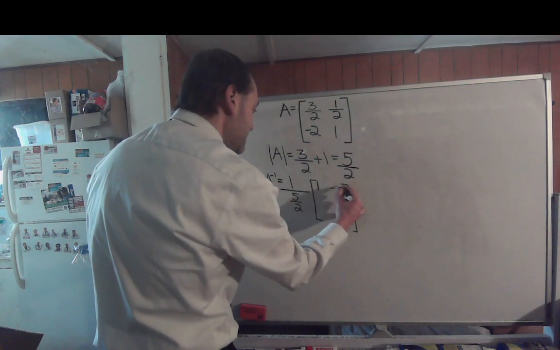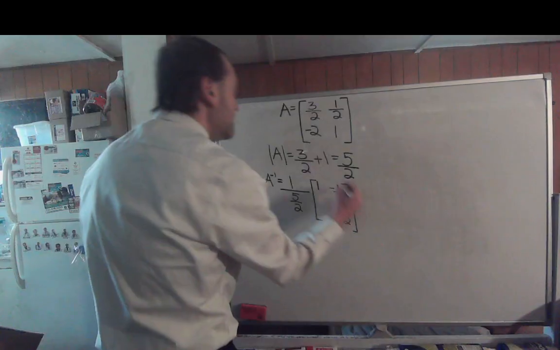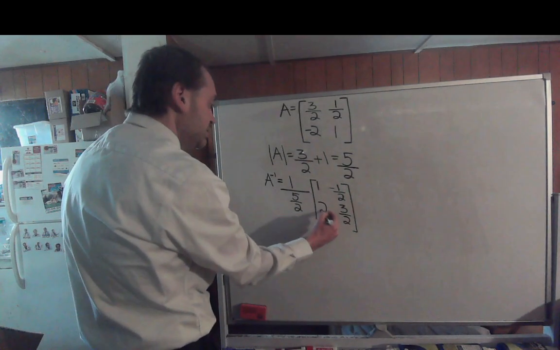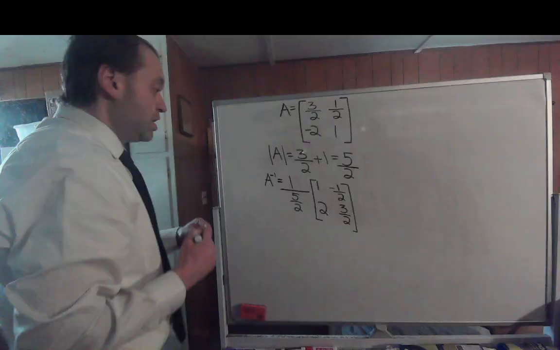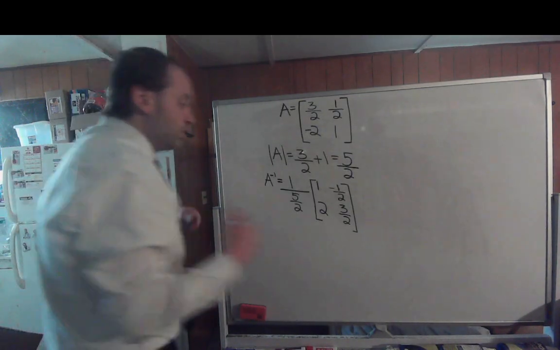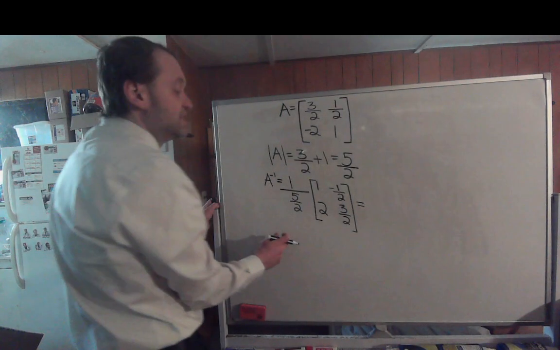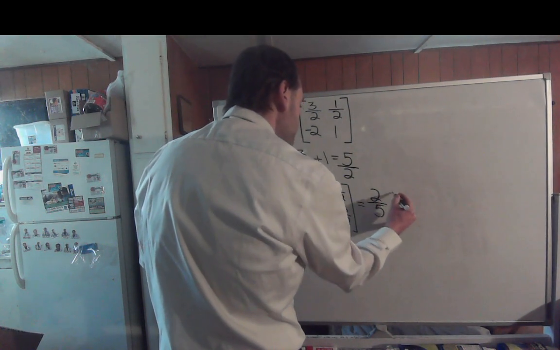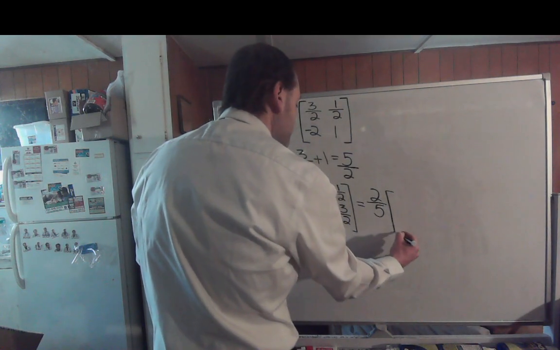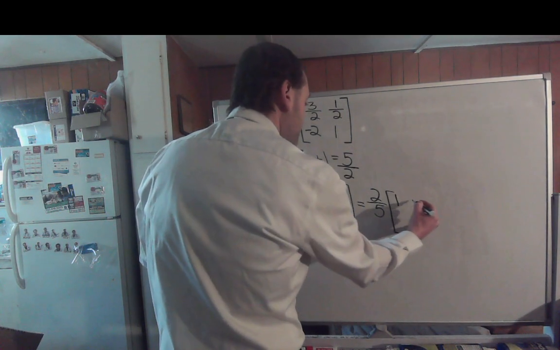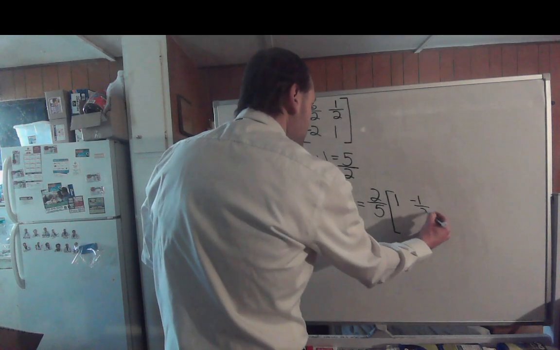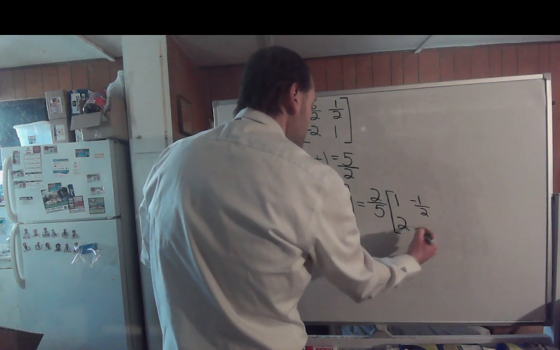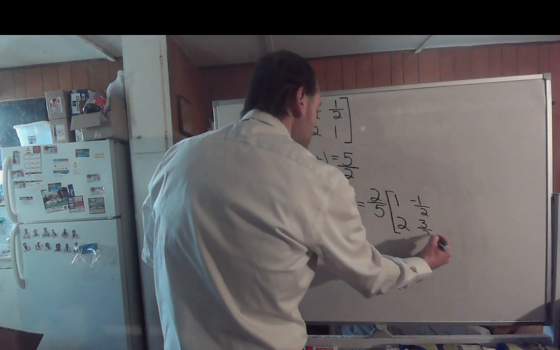So this will become -1/2, and then this will become +2. Alright, so 1 over 5/2 is actually 2/5. So this will end up being 2/5 as a scale factor times the matrix of 1, -1/2, 2, and 3/2.